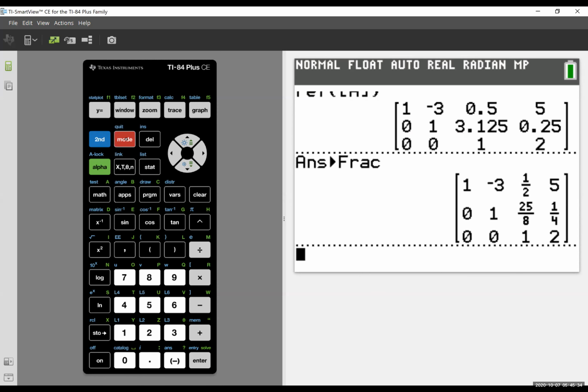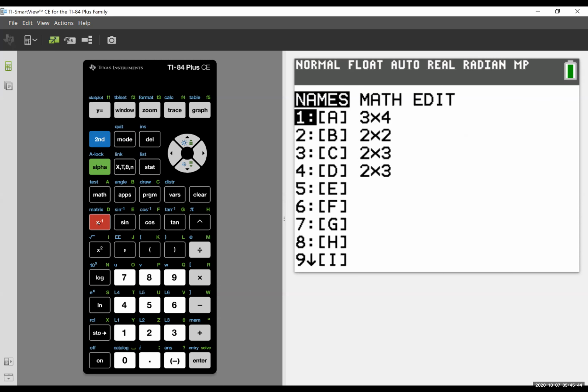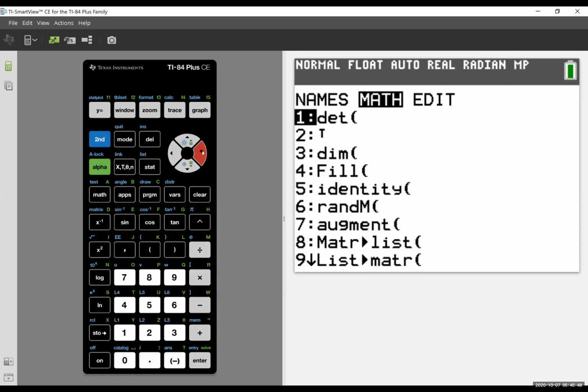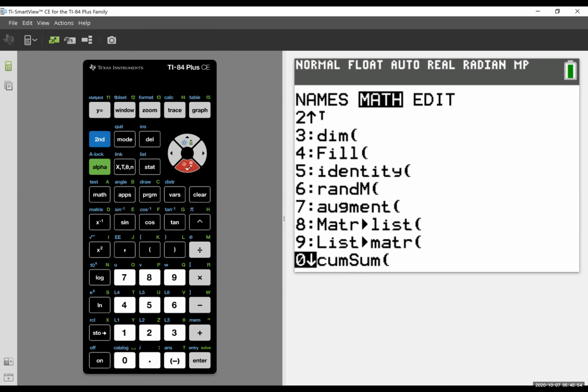And if you're interested, what we're going to do is kind of the same thing as row echelon form. Press second x inverse again to call up the matrix menu, scroll over with the right arrow key once, and use the down arrow key to find where reduced row echelon form is.